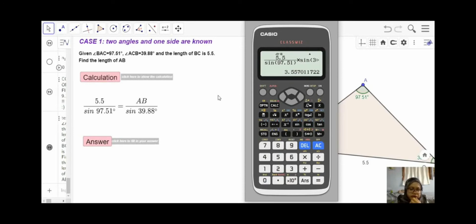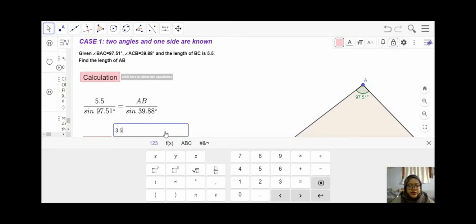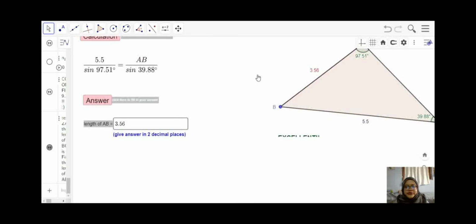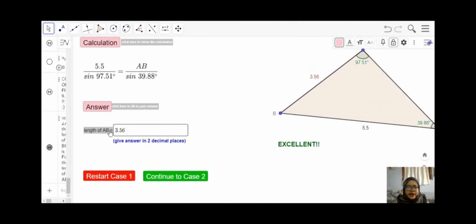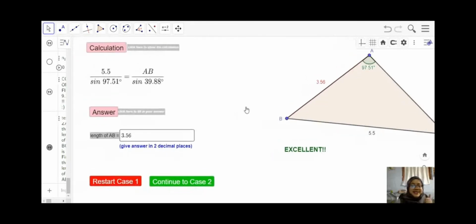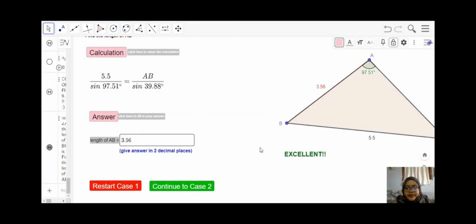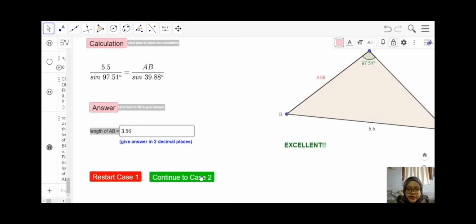I just want two decimal places, so we have 3.56. Let's see if it's true. Yes, it is true. As you can see, when the answer is correct, it will display here that AB is 3.56. Excellent. I hope you understand the first example, and let's continue to case 2.